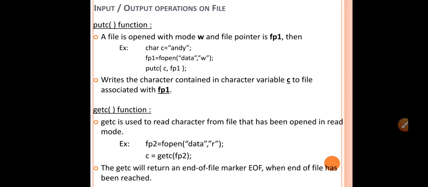We are opening that file in read mode, and getc fetches data from the content of that file. getc will return an end-of-file marker, EOF, when the end of file has been reached, okay. So it will read all the content of that file till the end of the file. So this is about the putc and getc functions.